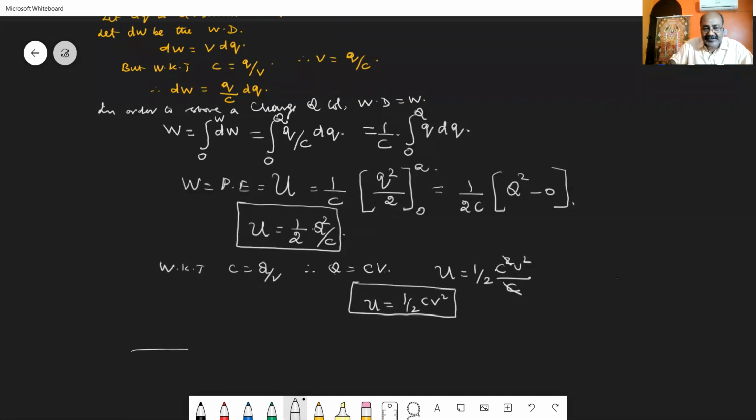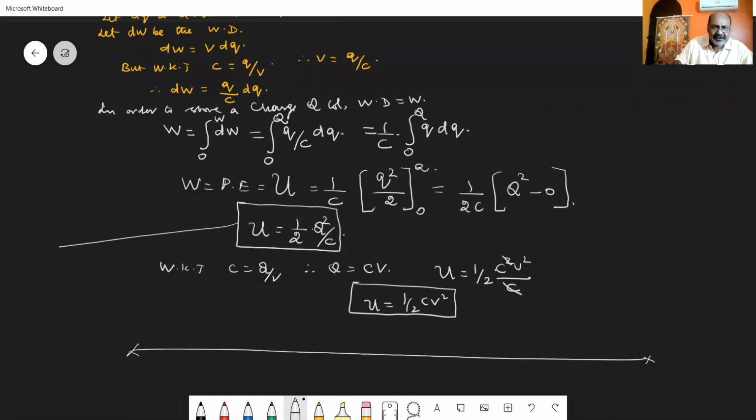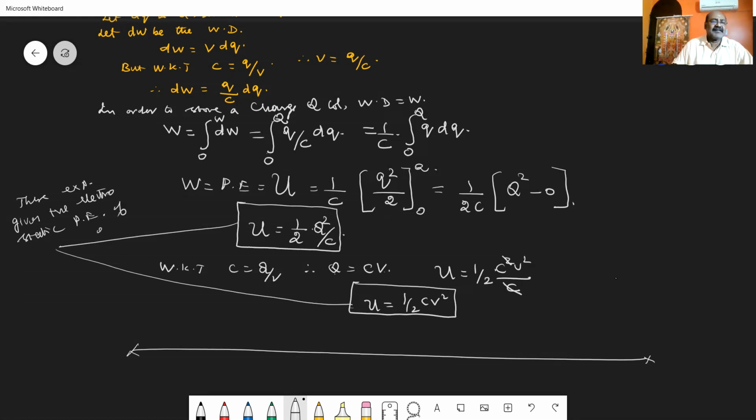So these expressions give the energy, which is called the electrostatic potential energy of a capacitor.